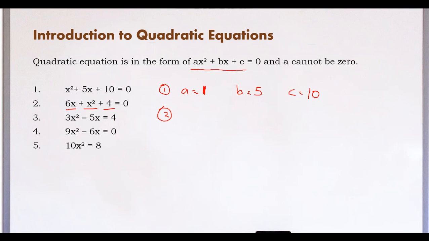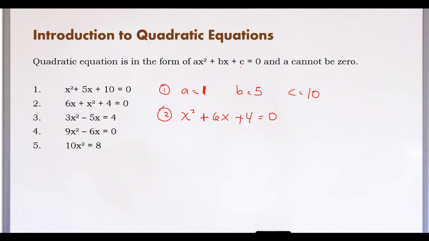So we write the quadratic term first, x squared. Next is the linear term, 6x. And lastly is the constant term, positive 4. So x squared plus 6x plus 4 equals 0. Now we have obtained the standard form of equation number 2.